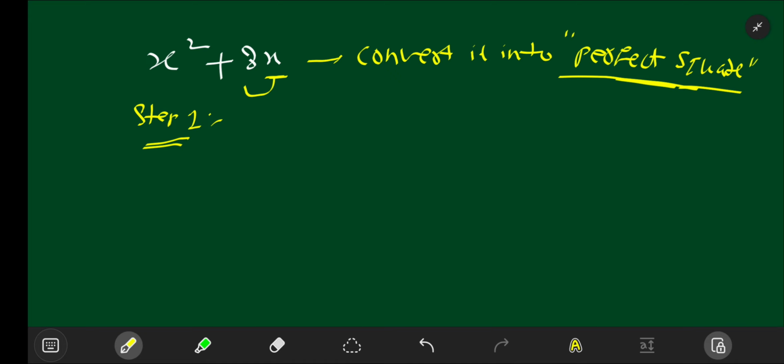Here the coefficient of x is 8. We have to half it, which means 8 divided by 2. Half the x coefficient.